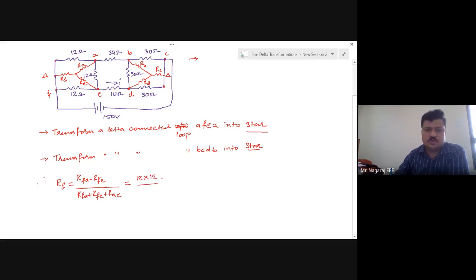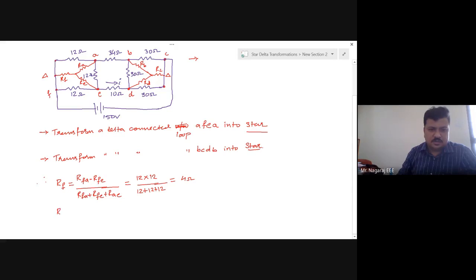It is simple because all delta connected are having the same value. So it is 12 plus 12 plus 12, 3 into 12 in the denominator, 12 will cancel, 12 by 3 is 4 ohms.